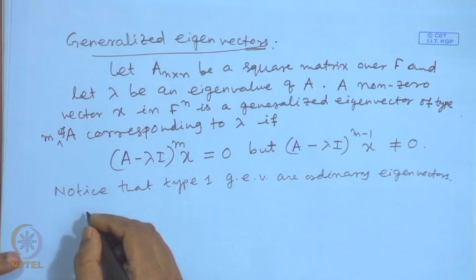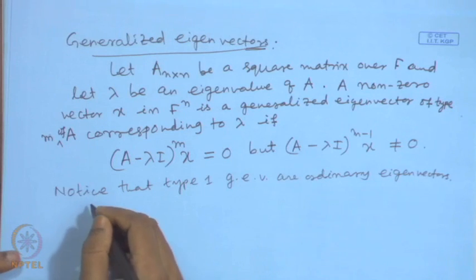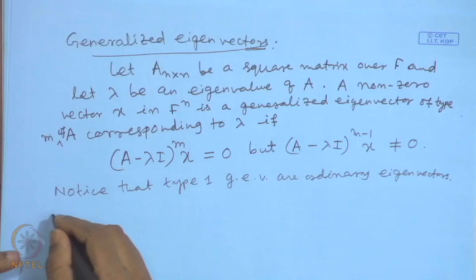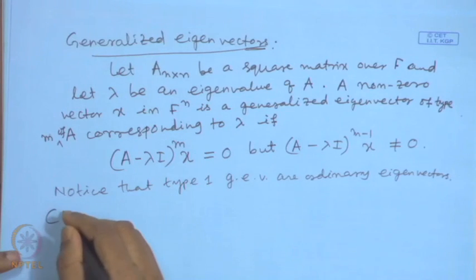Then we shall see here a chain generated by a generalized eigenvector. That is important here for finding the Jordan canonical form.